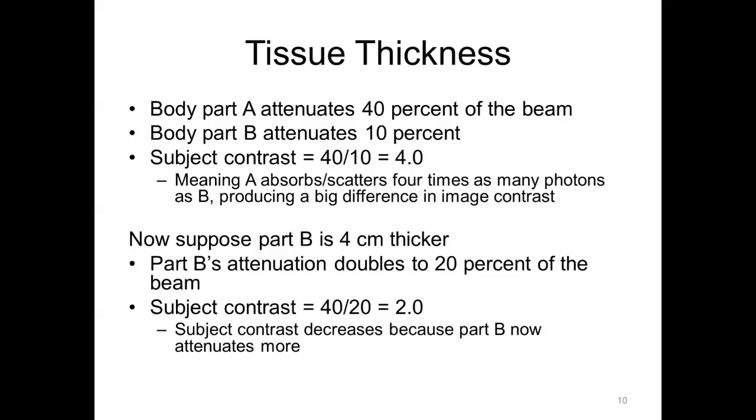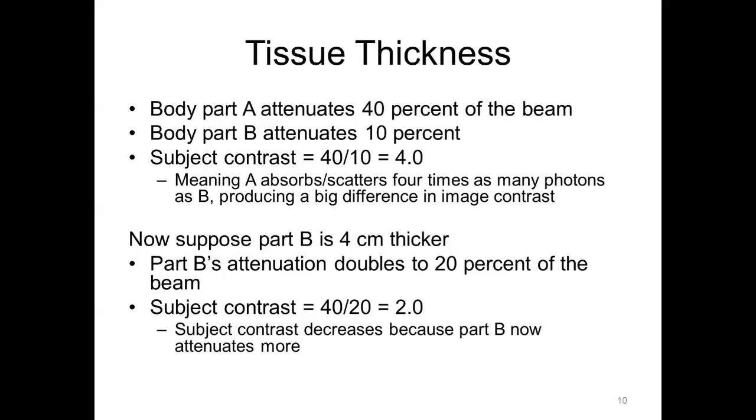Subject contrast, you just divide them, 40 divided by 10 for 4.0. So part A is absorbing or scattering 4 times as many photons as part B. That's going to give you a big difference in image contrast, because part A is just absorbing so much more x-rays, so it's going to be brighter in your picture than part B.